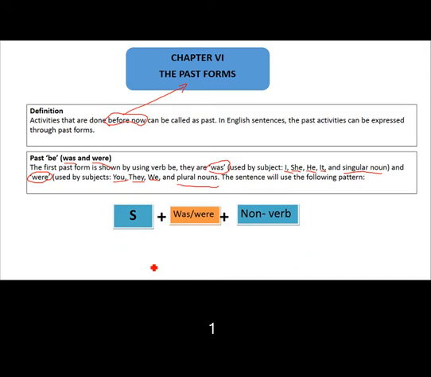So if you want to make a sentence, the pattern that we can use is subject and then was or were and then non-verb. As we have discussed previously in the present form, the non-verb can be in the form of noun, it can be adjective, or it can be adverb.